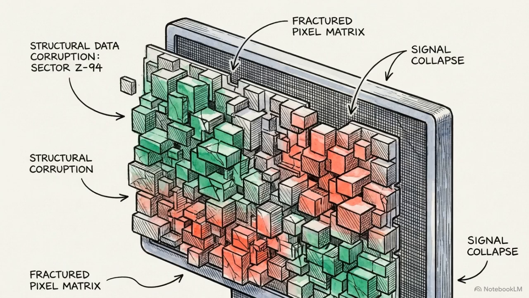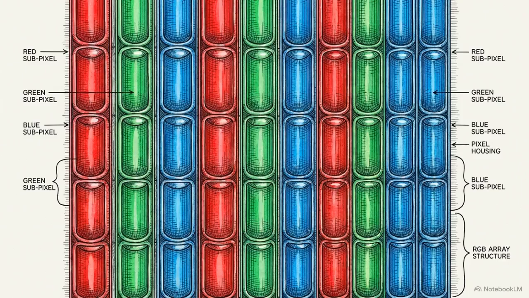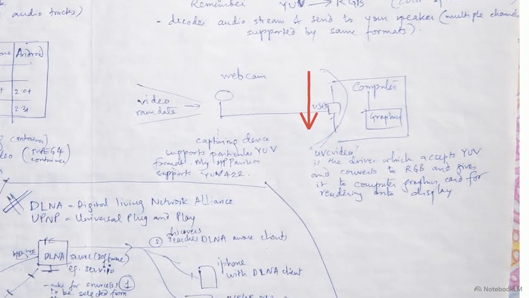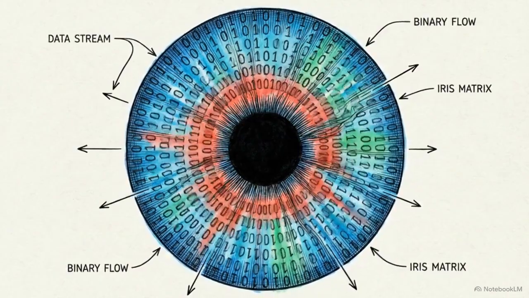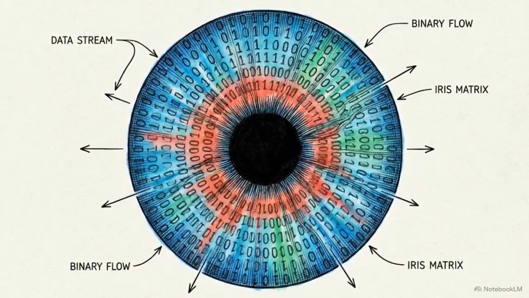The monitor cannot interpret native YUV video data. The screen only understands precise red, green, and blue pixel values. As this diagram details, a system-level driver must intercept that YUV stream and execute a real-time color space conversion to RGB before passing it to the graphics card.